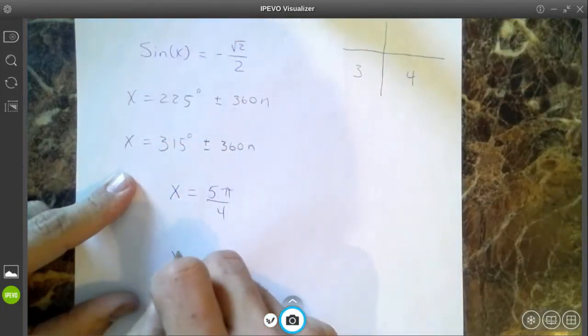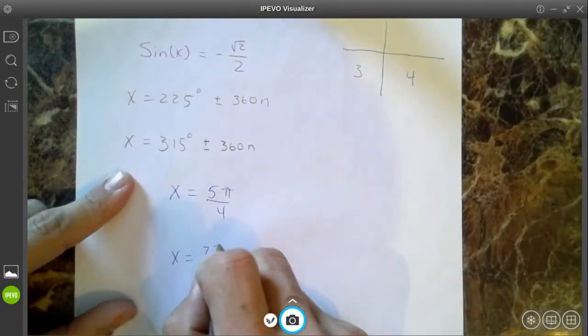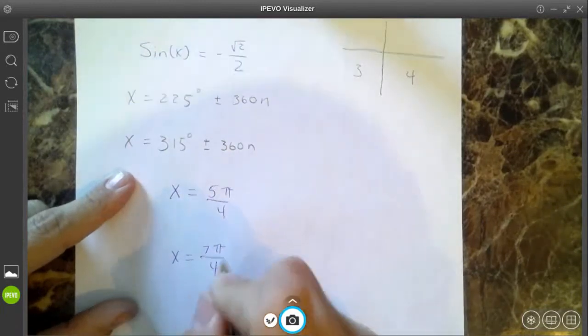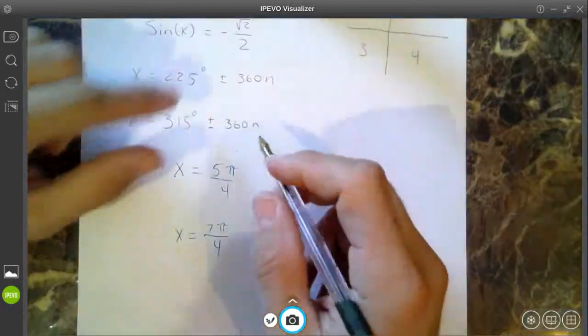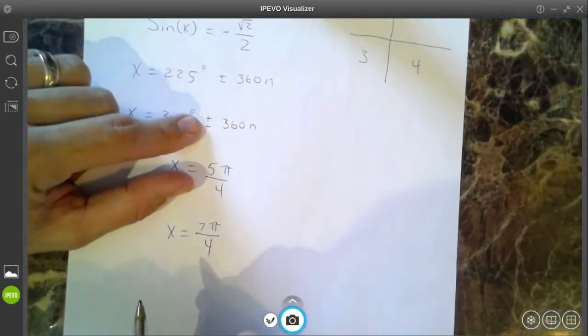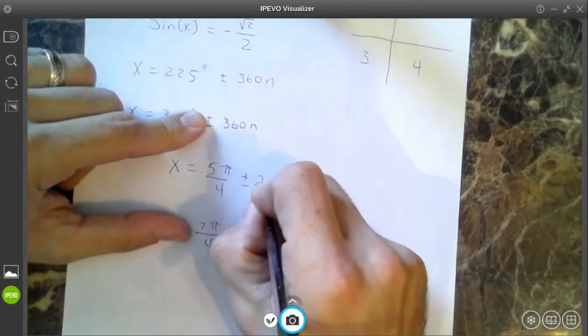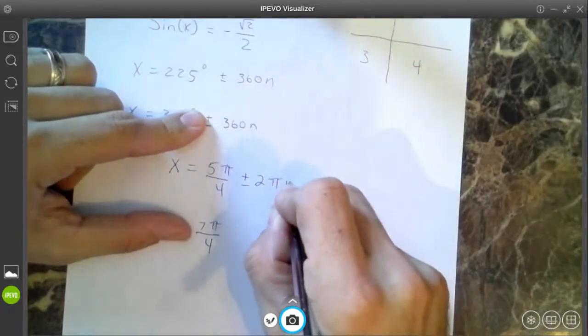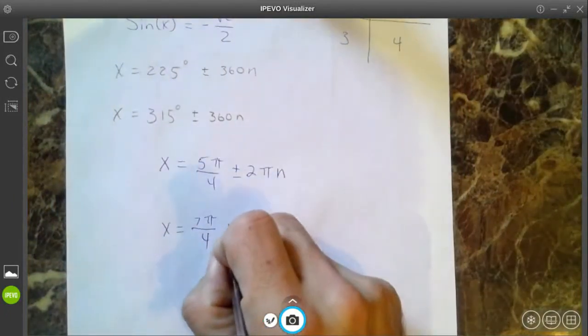Instead of it being 315, it's going to be 7 pi over 4. You're going to be seeing these both ways over and over. And again, instead of adding and subtracting 360 over and over, we're going to be adding and subtracting 2 pi. 2 pi n is a lot of times the way you'll see it.